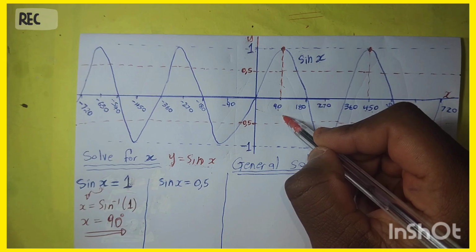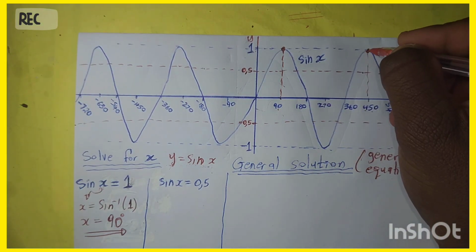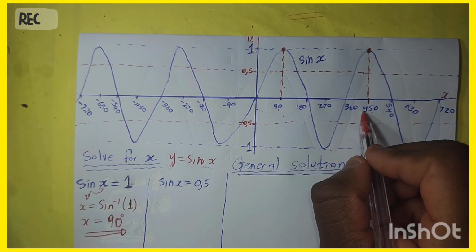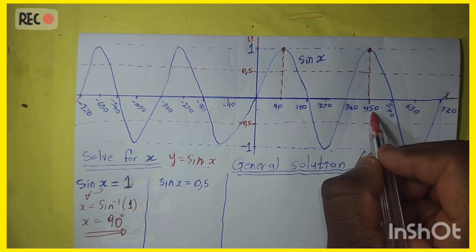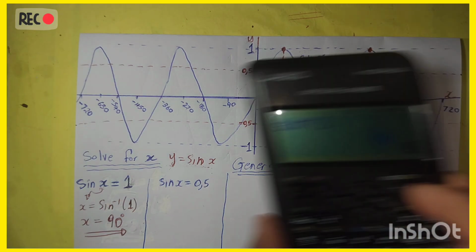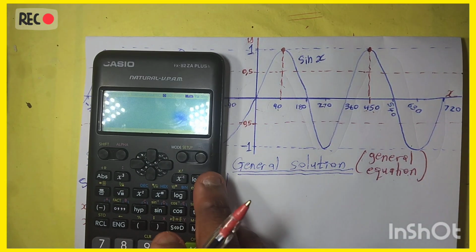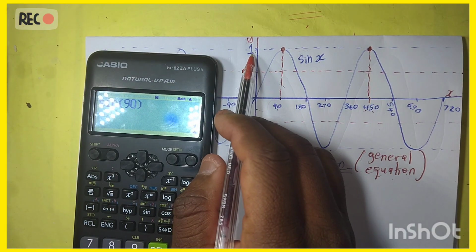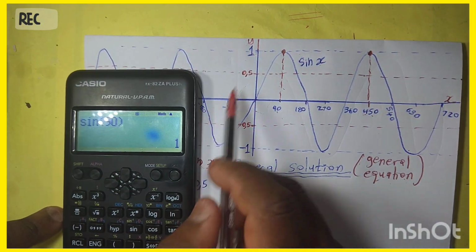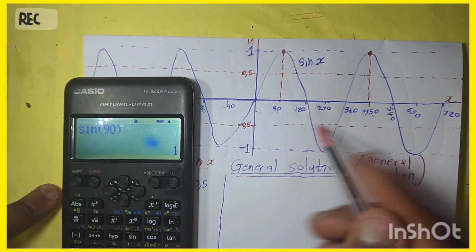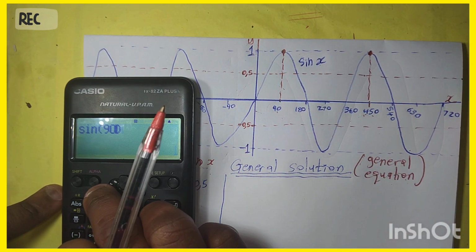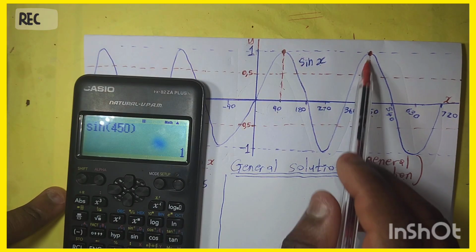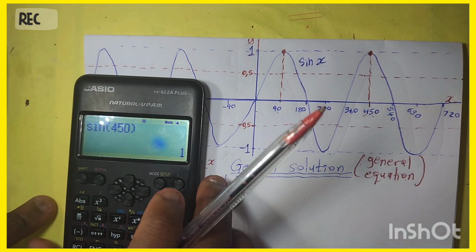But at the same time, I will also get these values, 450 here. If I say sine 90, I end up getting 1 as the value. Sine 90, I get 1. Then what about sine 450? Still I get 1.